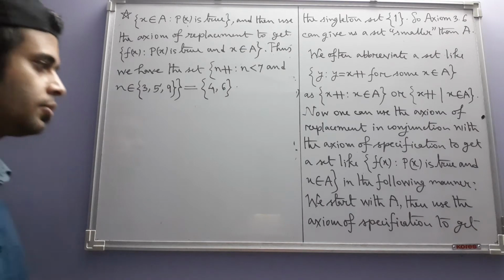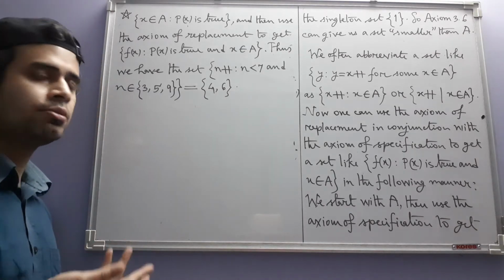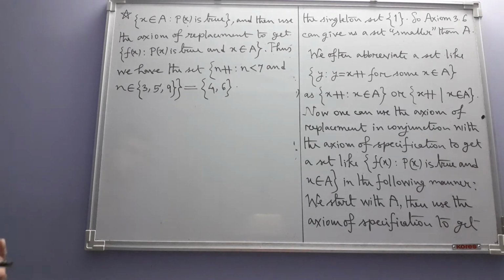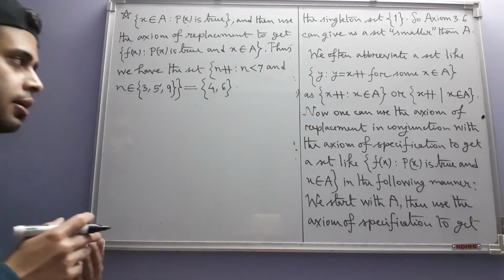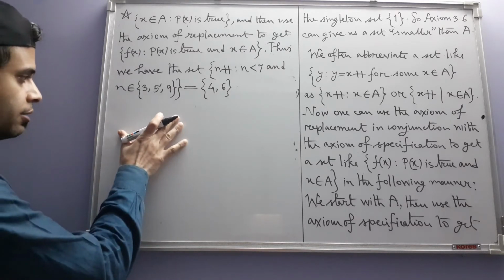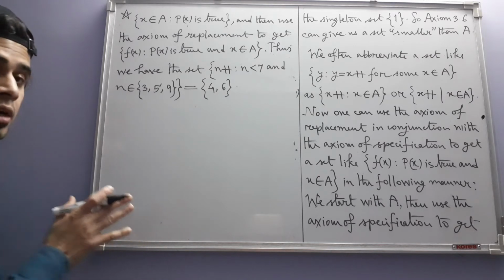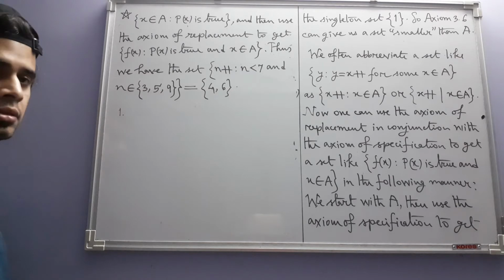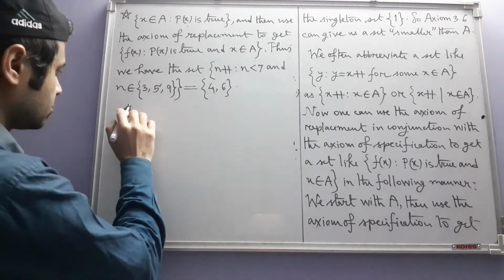Now, we have seen quite a few axioms so far. Each axiom enriches the class of sets by restricting it in some ways. So let us quickly go through the axioms we have seen so far. The first one says that sets are objects.